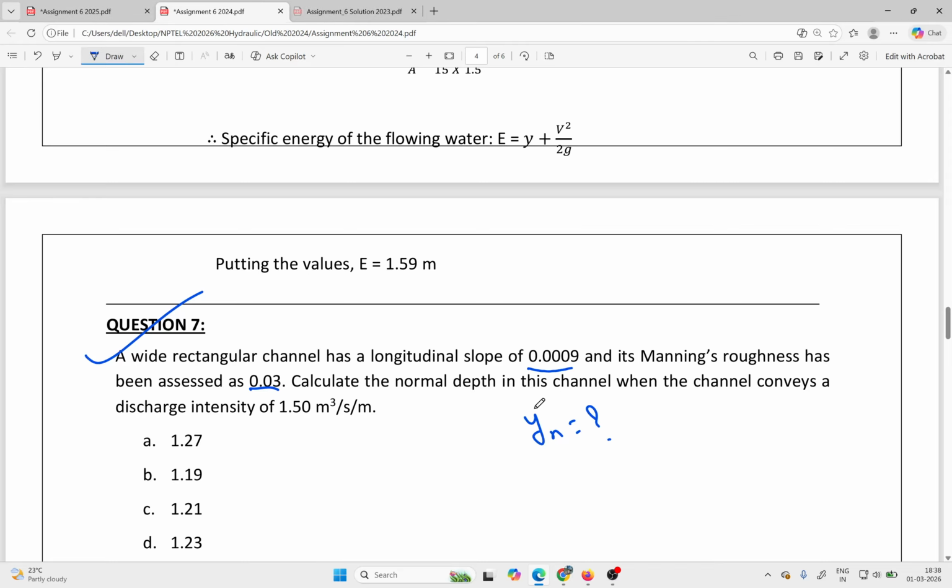So here you have to calculate the normal depth. What exactly is the meaning of normal depth? Normal depth is nothing but your flow depth in the channel.